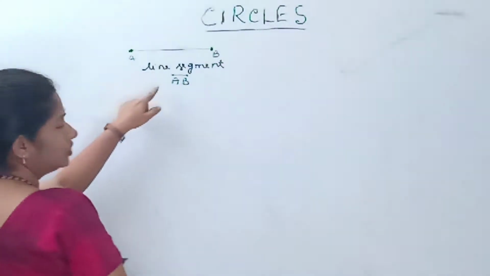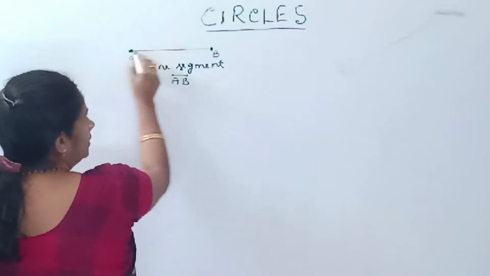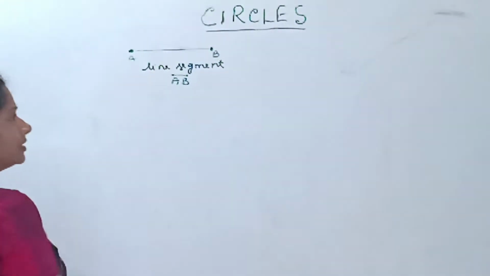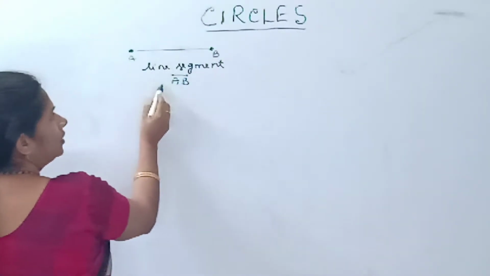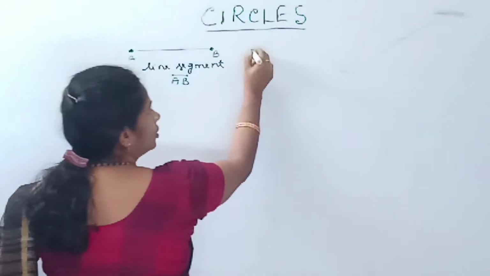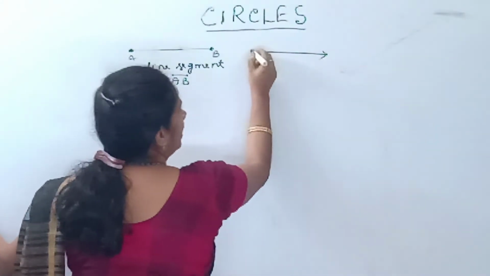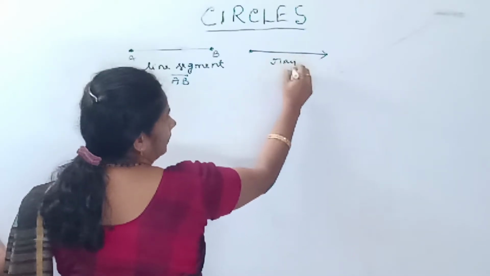If I ask you to draw a line segment, then you have to put 2 points at the end. It's clear? A definite length between 2 points is called a line segment. Now this line segment, if you extend it in one direction, is called a ray.